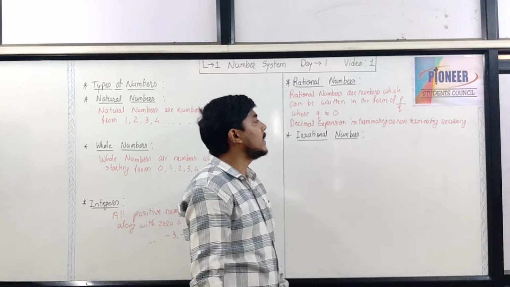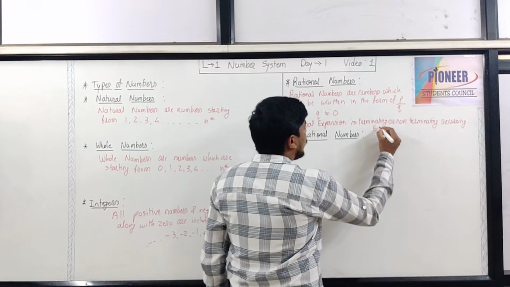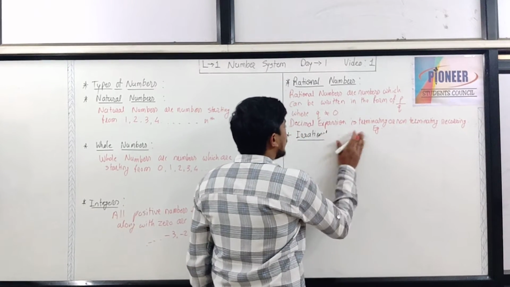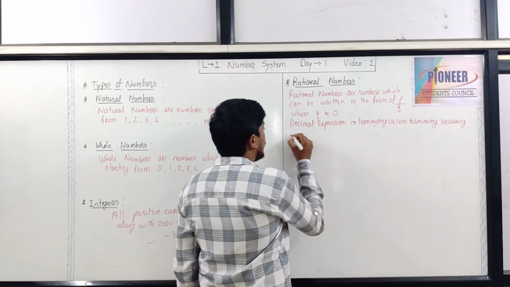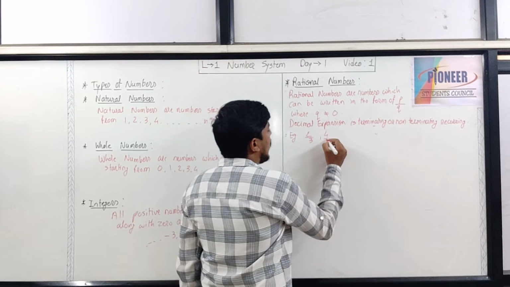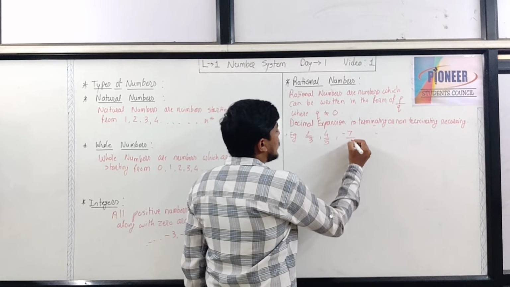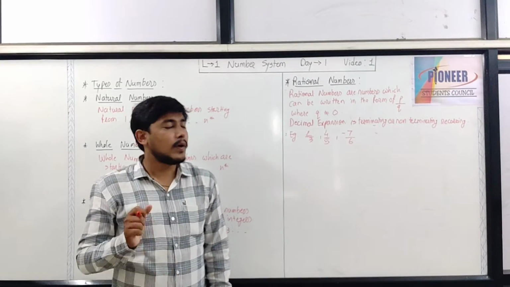What do you mean by terminating and non-terminating recurring? I am taking examples of rational numbers: 2 by 3, 4 by 5, minus 7 by 6. All these numbers are included in rational numbers, right?